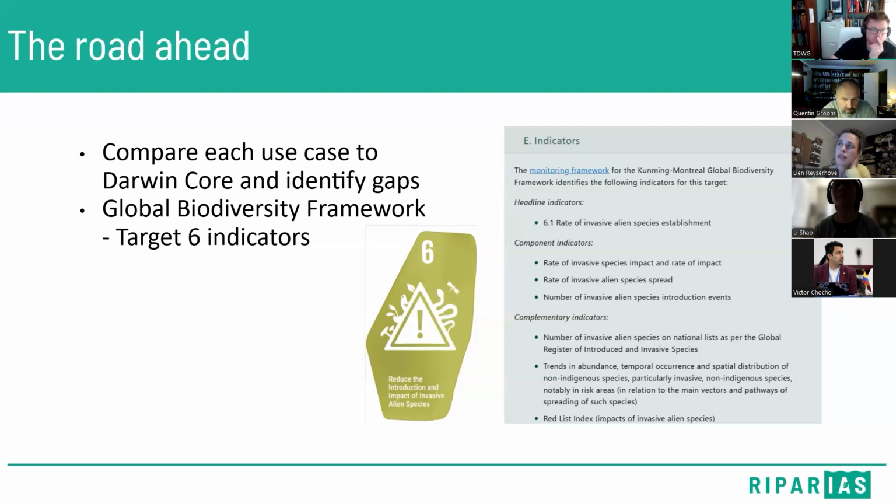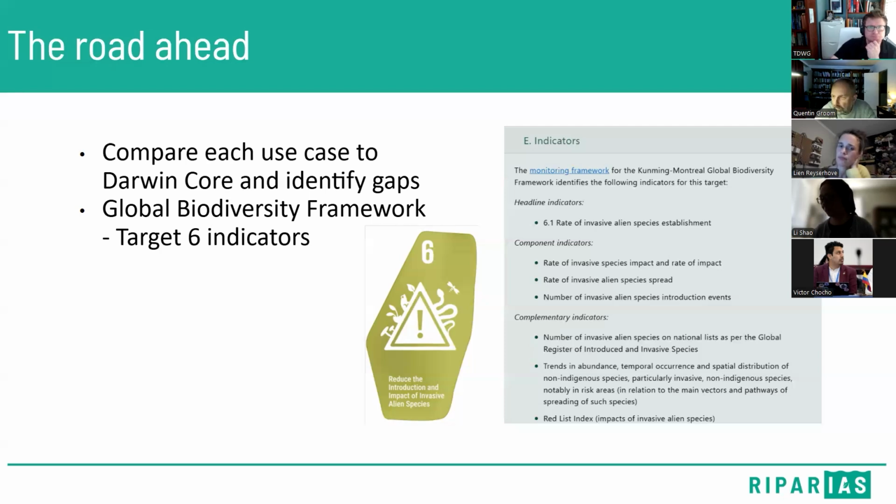But is there a way to include impact information into Darwin Core? Not really, no. You can put the interactions with other species in there, so something eats something else, but you can't put the magnitude of that impact or anything like that. That doesn't really help.